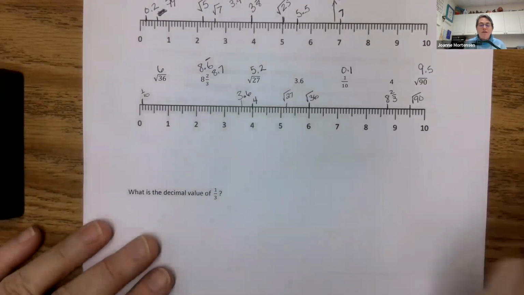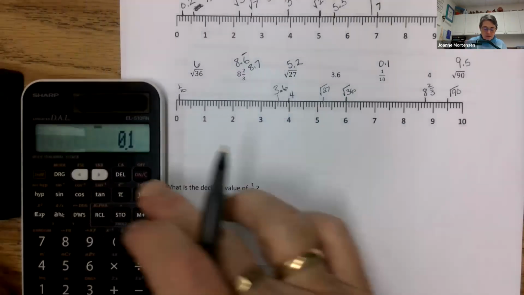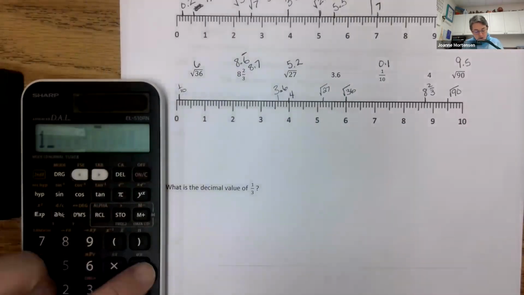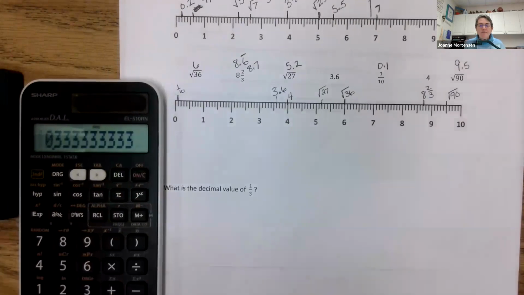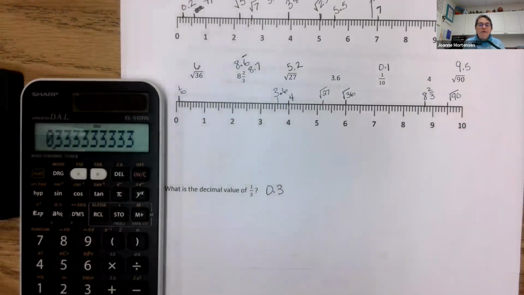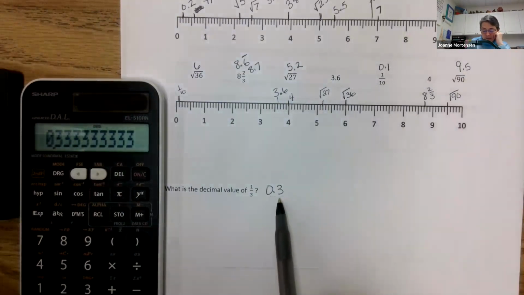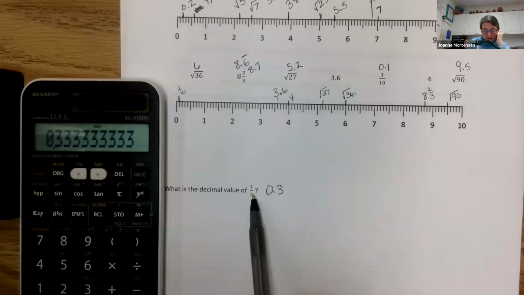Okay, so the decimal value of 1/3. Some of you probably know it. I go 1 divided by 3, I get 0.3. Now, for some of what we're doing, that's probably good enough, but this is not exactly the same as this, right?